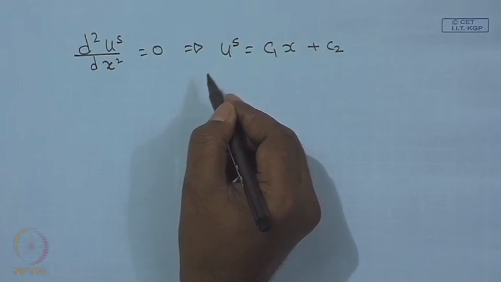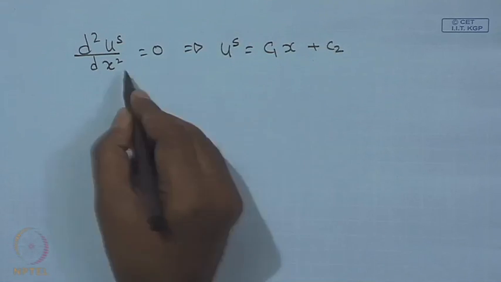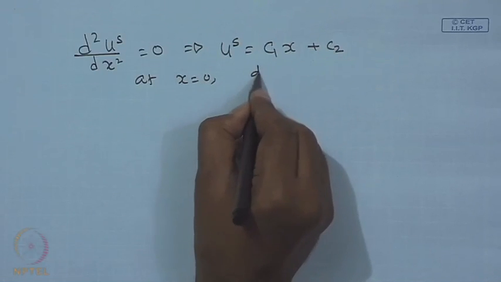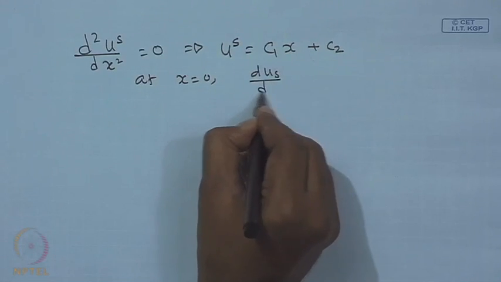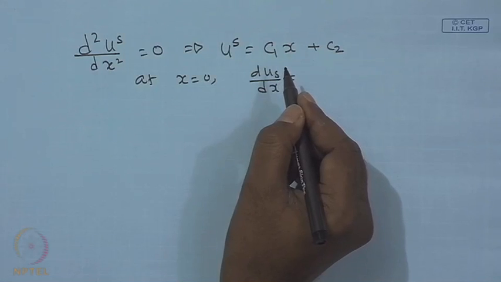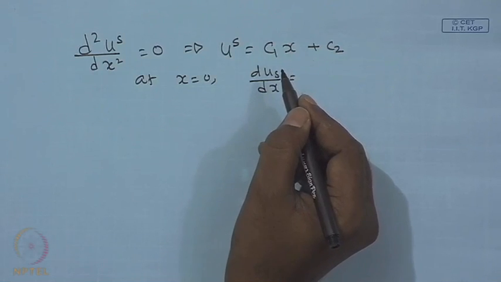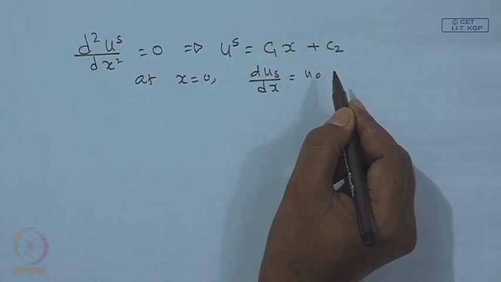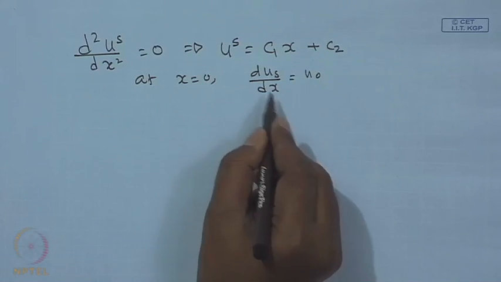So, the first boundary condition is that at x is equal to 0, d u s d x is equal to u naught. So, we now use the d u s d x is equal to u naught.